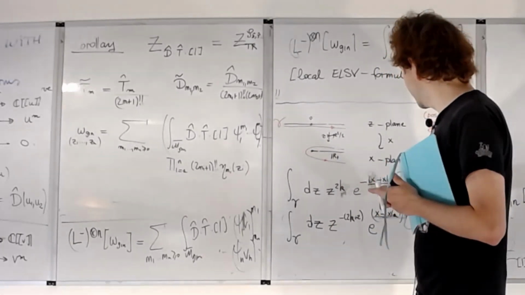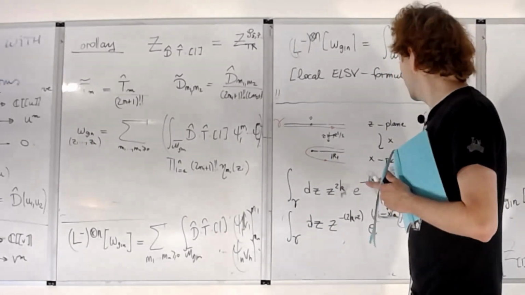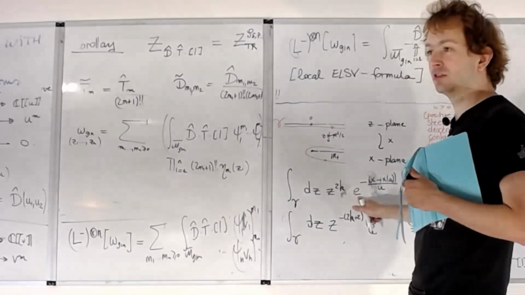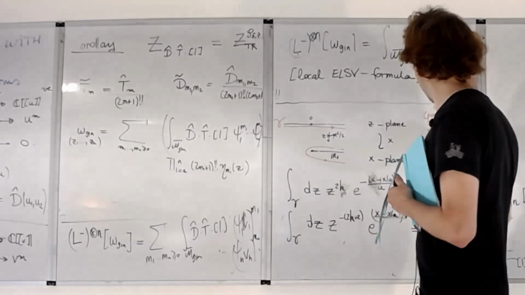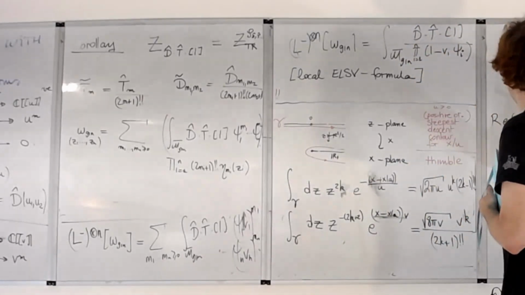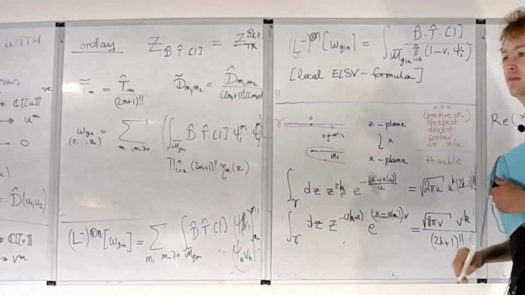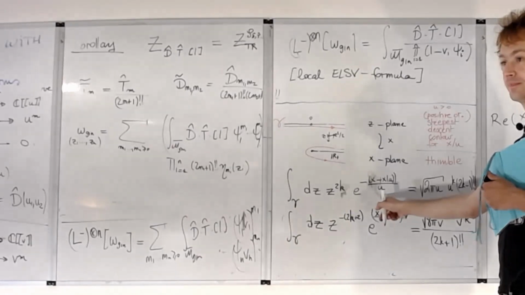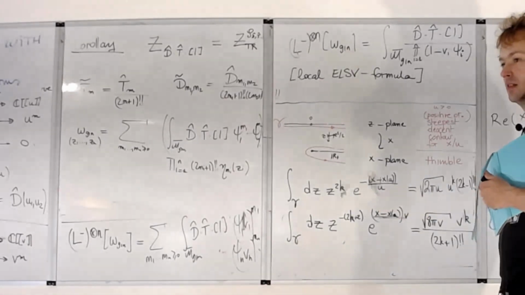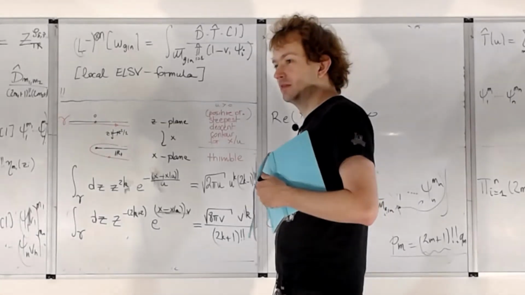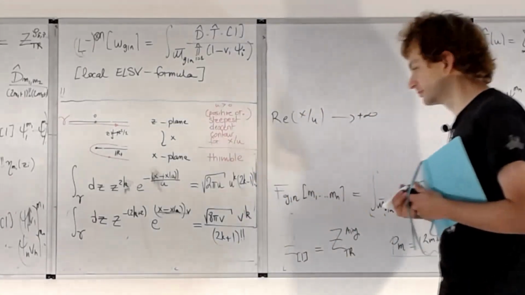The main point is that when u is positive at least, why do I choose this contour? It's because it's the only contour on which the Laplace transform is going to make sense, because this steepest descent contour is defined so that the real part of x goes to plus infinity at infinity. So it decays. Yeah, maybe I need to just write it in local coordinates to understand what's happening.